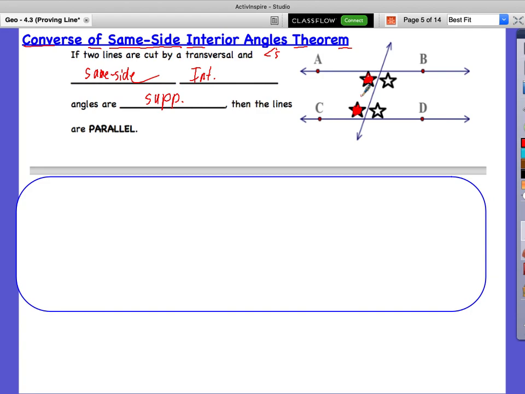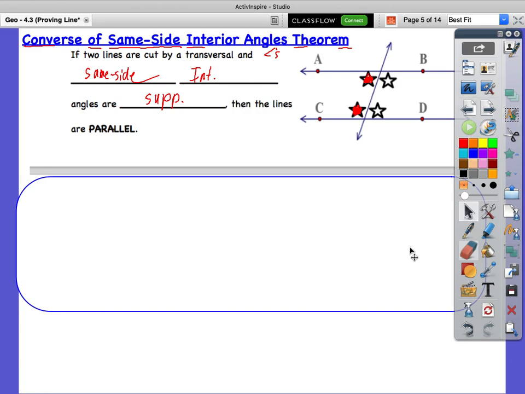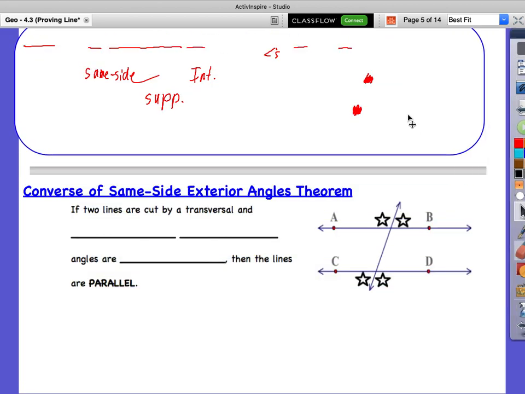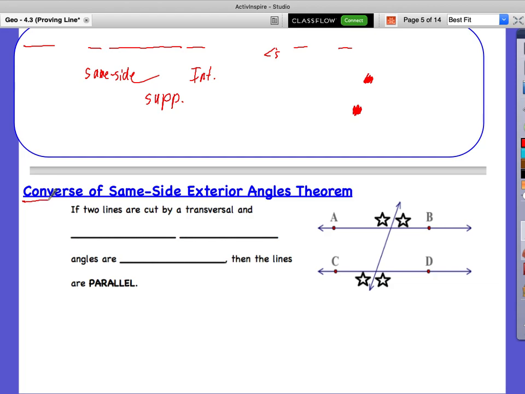Flip the page. Oh my goodness. We have one more. Hey, what do we think's gonna be underneath this box, guys? Same side exterior. Man, I bet I fooled you with that. Okay, same side exterior angles.